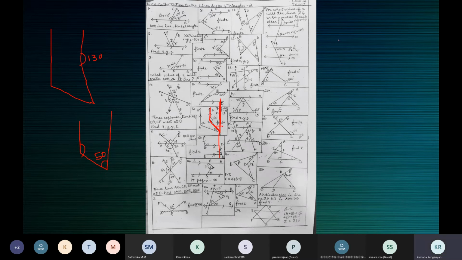Now we again have AB parallel to this line, and this is X. Here we have 20 and 50. Parallel line, transversal, parallel line.